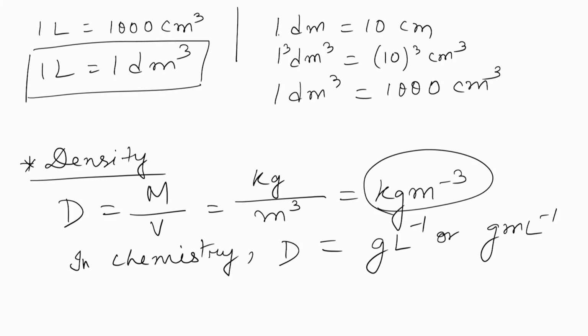So we have discussed mass, weight, volume and density. Now we will discuss the units of temperature. There are three units of temperature: Fahrenheit, Celsius and Kelvin. These three units are interchangeable. One interesting fact is that when we talk about Fahrenheit or Celsius, we talk in terms of degree.